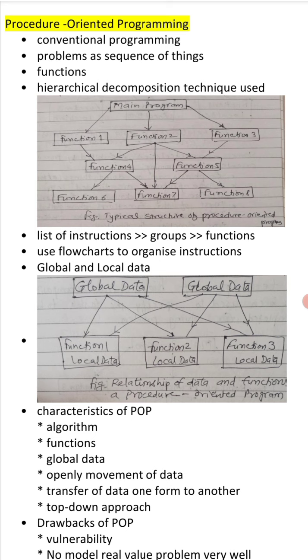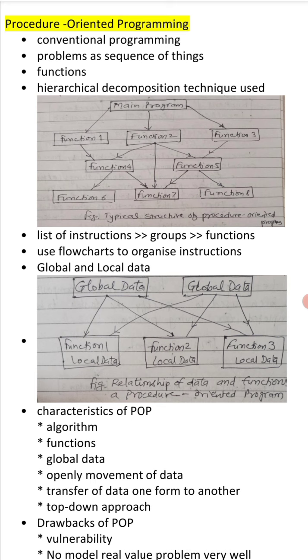In the procedure oriented approach, the problem is viewed as a sequence of things to be done, such as reading, calculating, and printing.